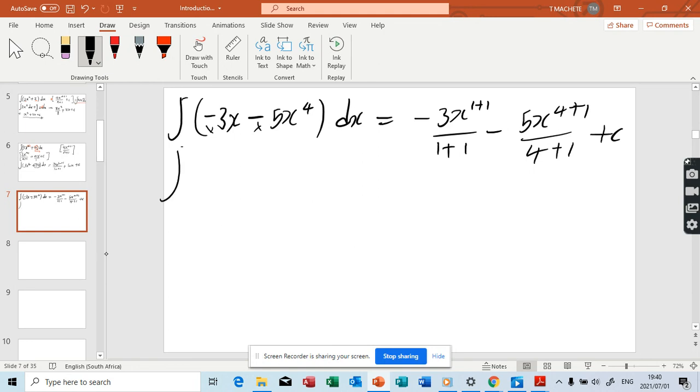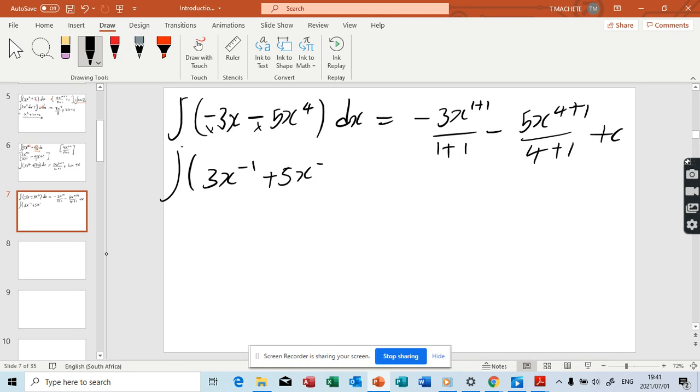Does it make sense? Yeah, that's the difference. I just put minus 3 instead of plus 3. So that's the difference.